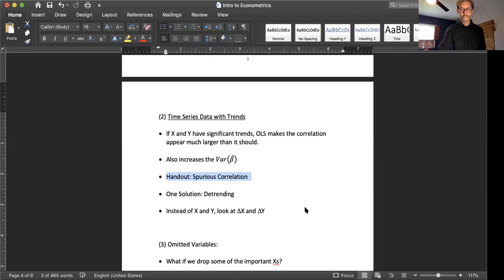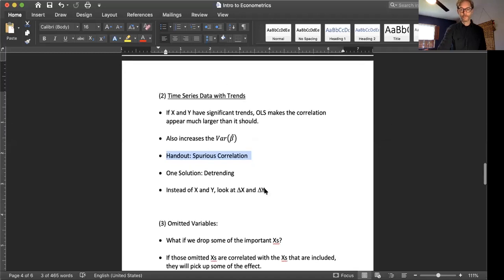So what happens if you do have time series data with trend? Well, you have to detrend the data. How do you do that? It gets a little bit beyond what I'm expecting you to do in this class.